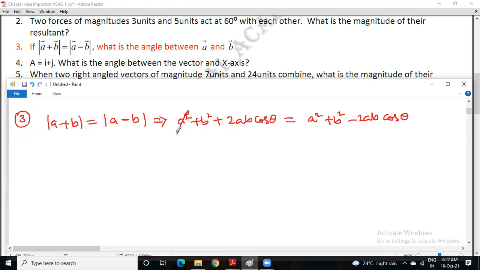So you can simply cancel A square on both sides. The minus sign and plus sign get cancelled. Even if you bring B square to the left side, again there will be minus B square plus B square cancelled.